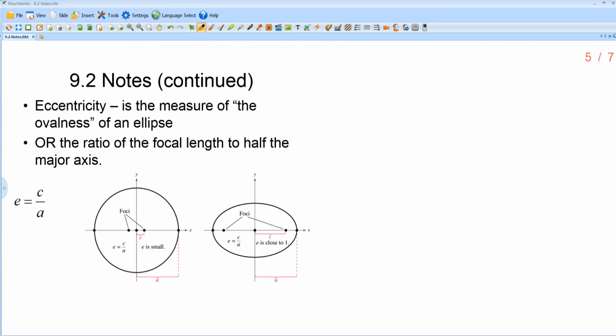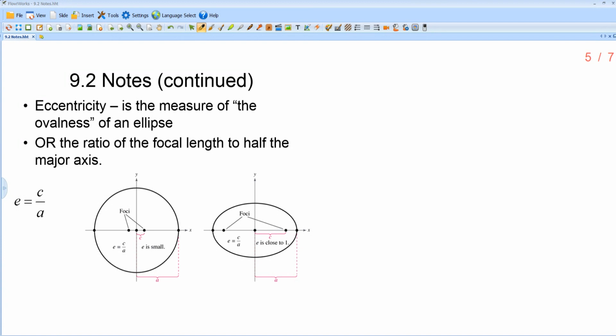All right, so the only other thing that we talk about with an ellipse is the eccentricity. The eccentricity, and I'm not kidding about this definition, is really like the measure of the ovalness, and I just did air quotes even though you can't see them, but it's the measure of the ovalness of an ellipse. Another way that you can think about it is how ovally, or if you wanted to be a rebel, how close to a circle it is.